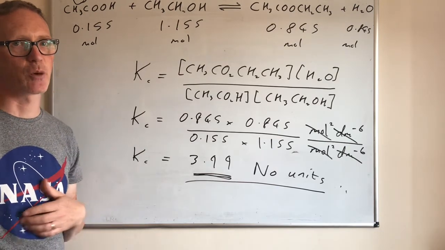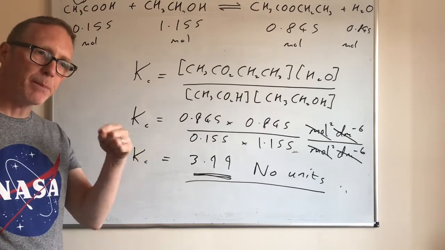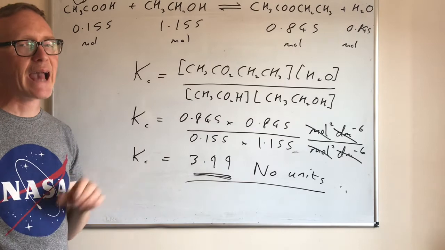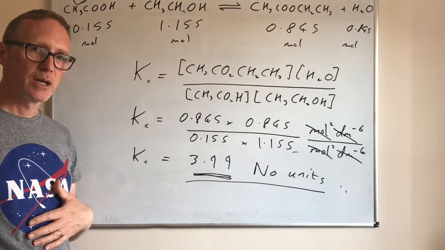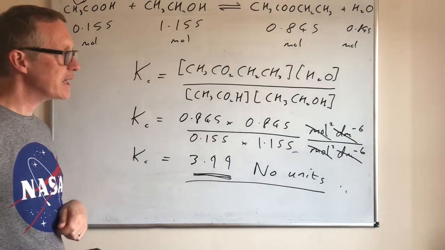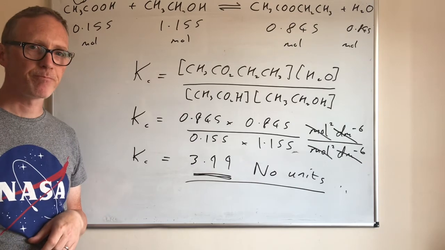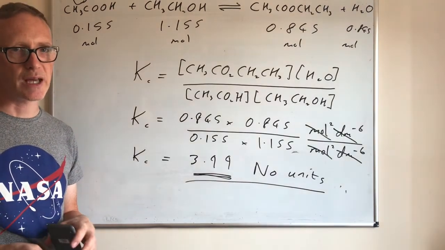And then we finish the topic by looking at what's called Kp. And Kp, the P stands for pressure, because we look at gas-based equilibria, and these require further steps. But it's very hard to do those further steps until you're confident in this method and how it's done. And that is why I'm passing you these calculations for you to do today.